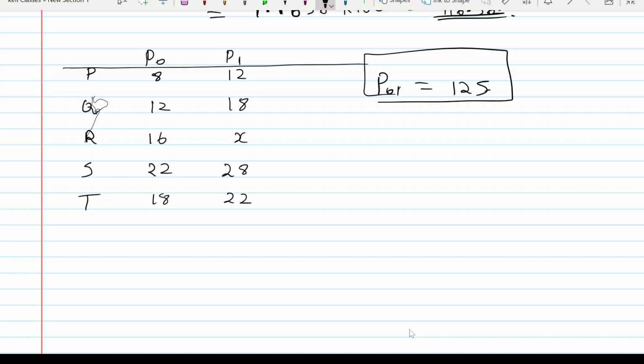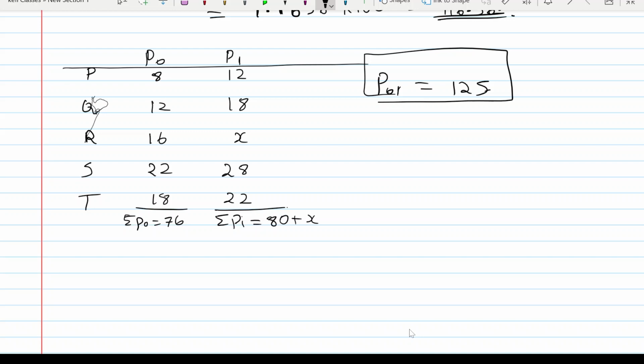So same formula, summation P1 upon summation P0. Summation P1 is how much? This is 80 plus x, and this is 76.